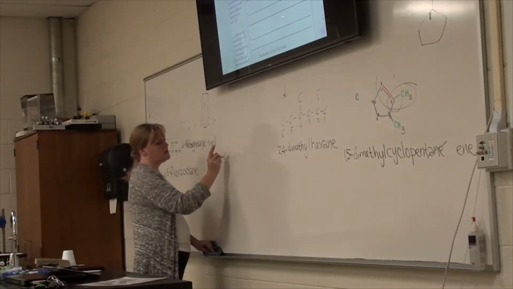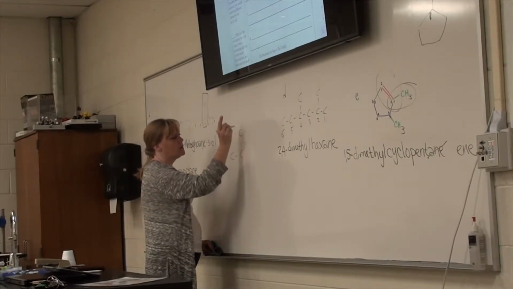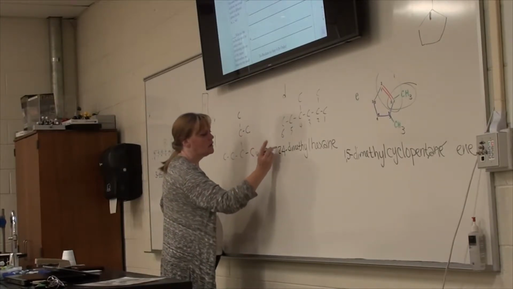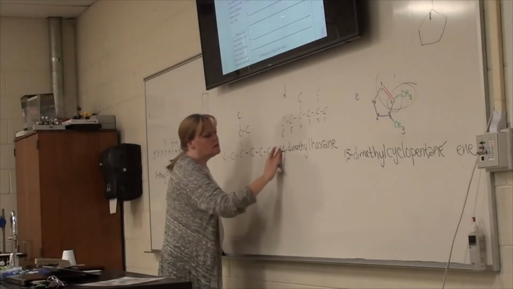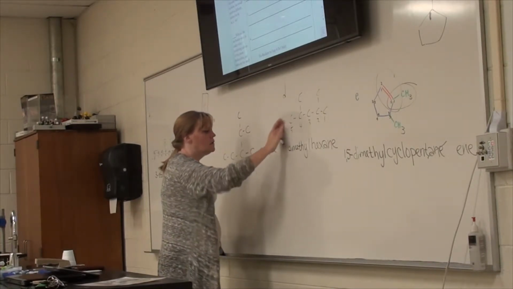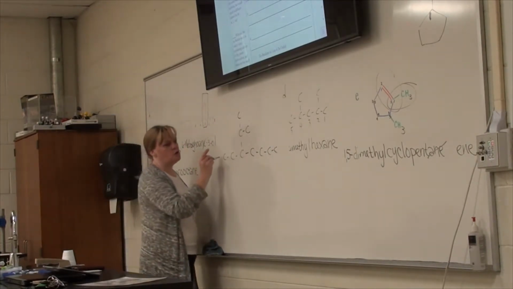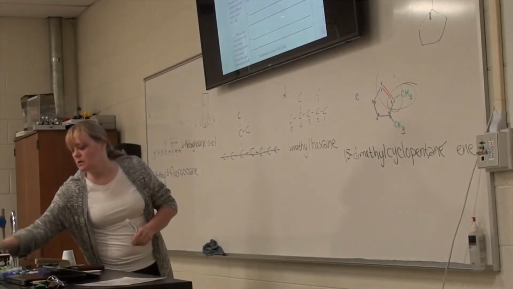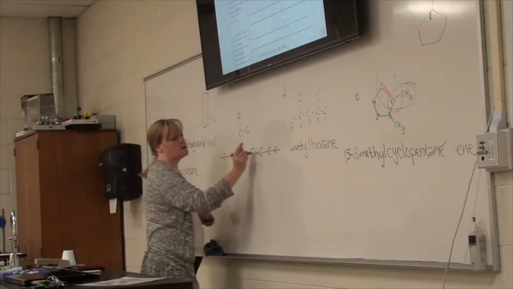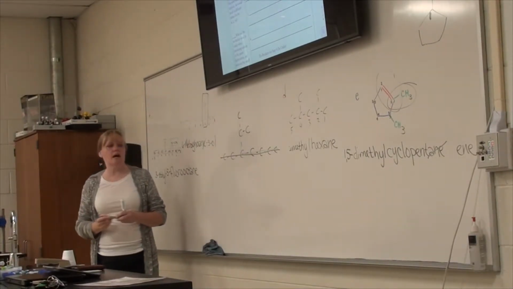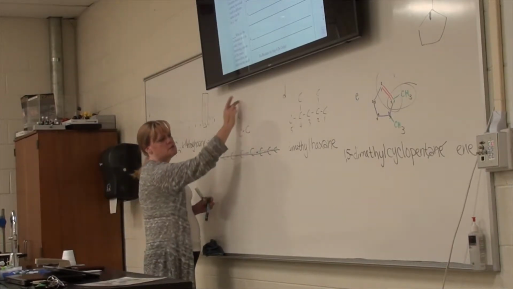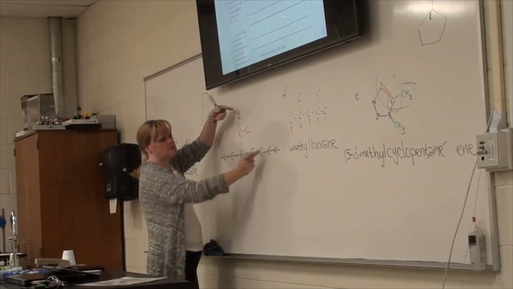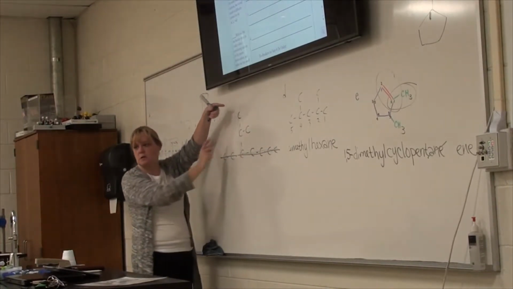Let's see if I can come up with something on the fly here for you. So you could go through this way, or you could go through this way, and you're coming up with the same number of carbons either way, but they're not equivalent because the substituent you'd have here if you went through this direction is not the same as if you went through this way and you've got a substituent here and a substituent here.